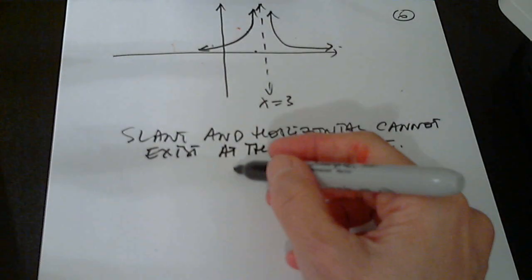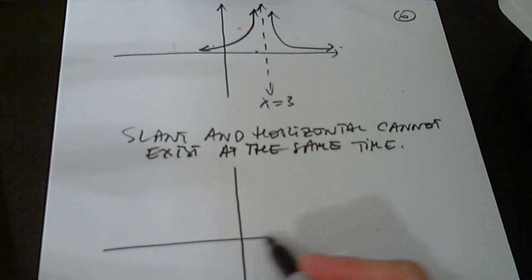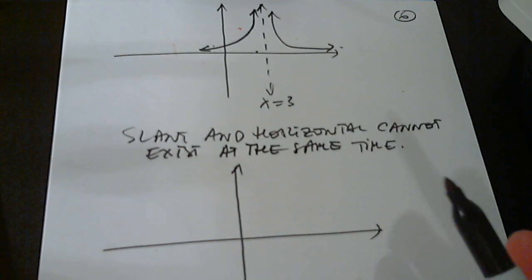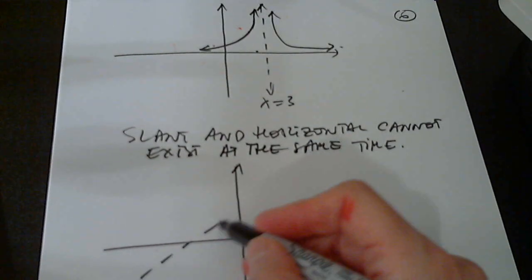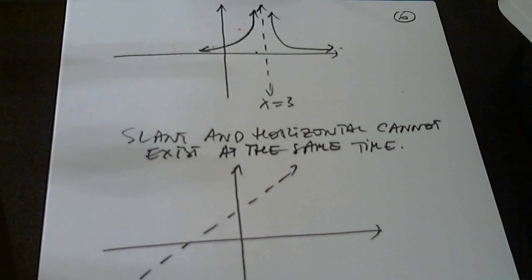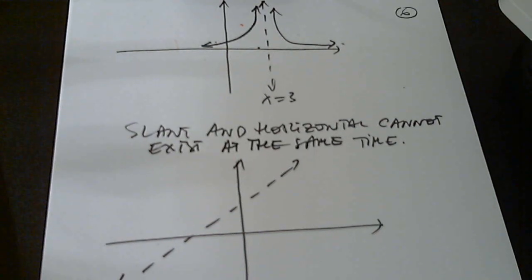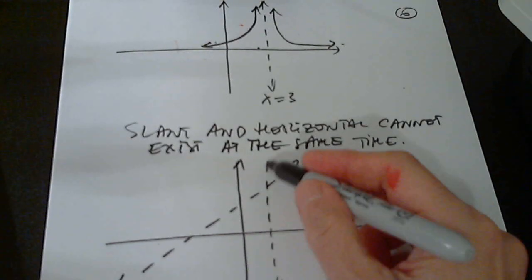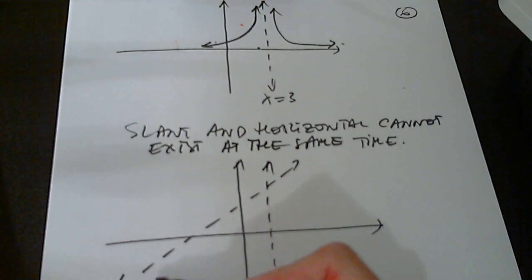Okay, so a function can have a slant asymptote, which means not vertical, not horizontal, but something like this. That's a slant. And let's say I'm going to put in a vertical, and I'm going to graph it now.